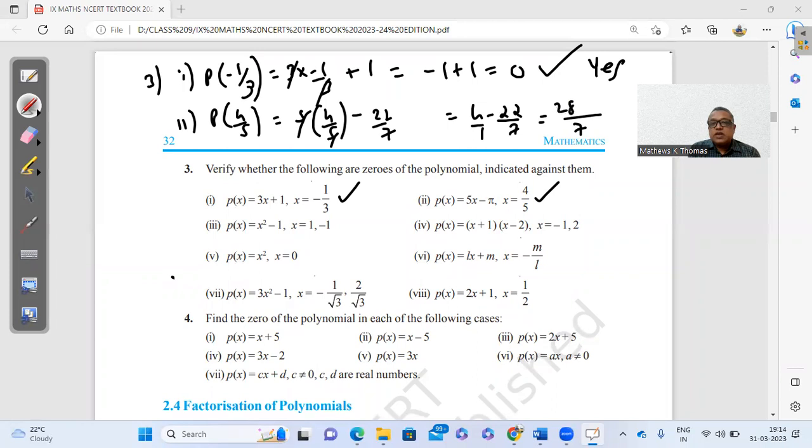So this is going to be 28 minus 22, that is 6 by 7. So it's not coming 0, right? So this is not a 0 of the polynomial. So I hope you're getting this. We just have to substitute the value of x as given and indicate whether they are zeros of the polynomial or not.